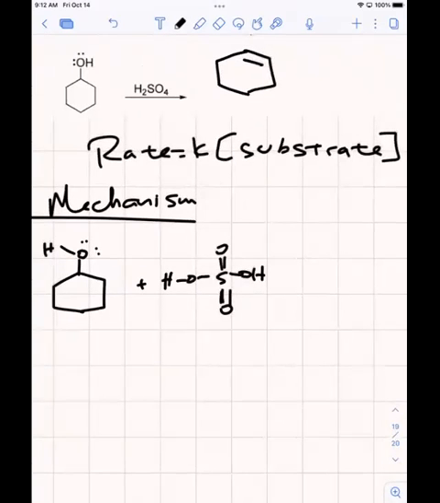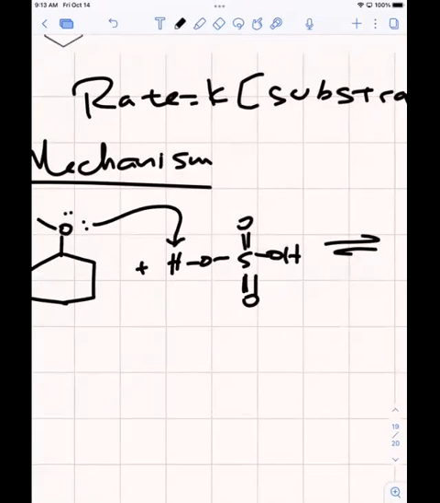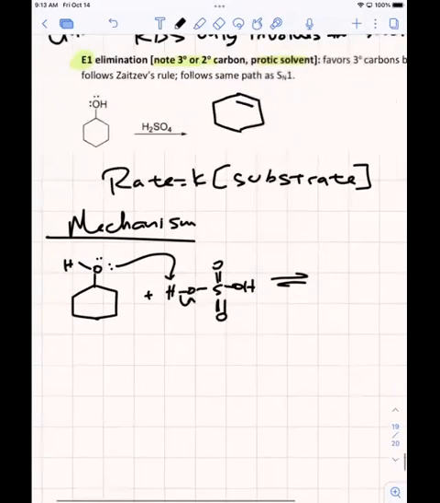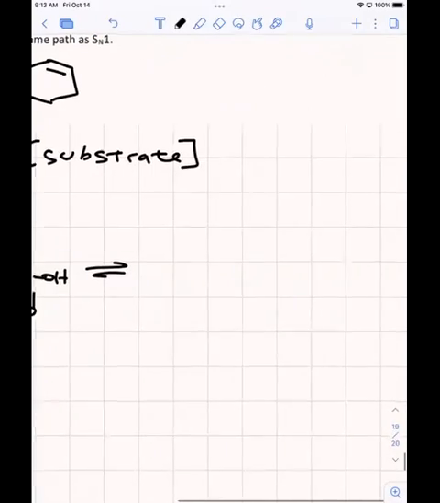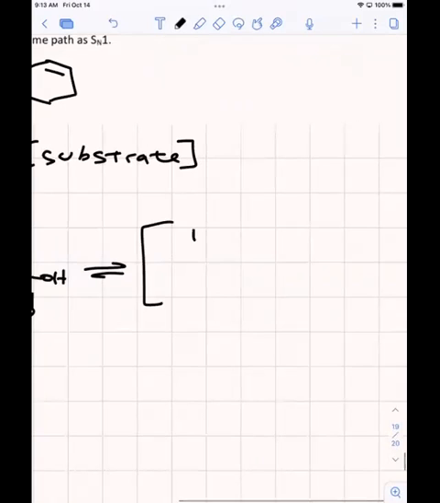The first step is to do a proton transfer. So we end up with an intermediate. Anybody remember what this intermediate is called? This type of intermediate where water becomes my leaving group?